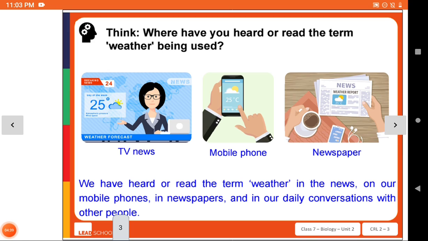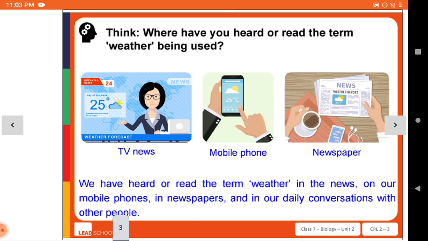So students, in our daily life many times we hear the word weather being used. In TV news, mobile phone, newspaper, and various places we listen to things related to weather.